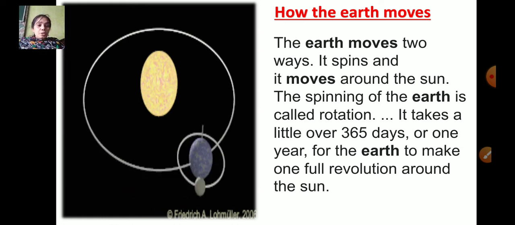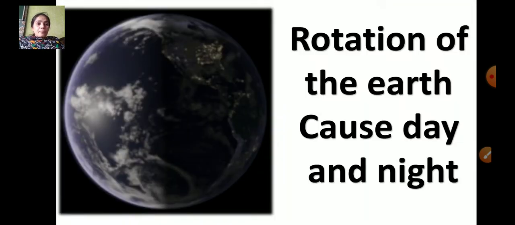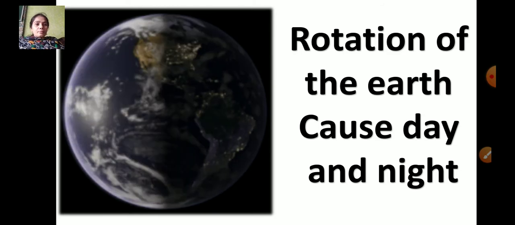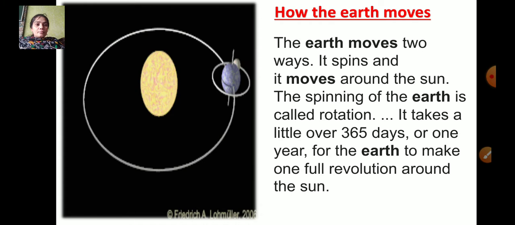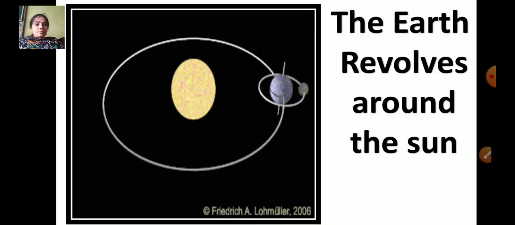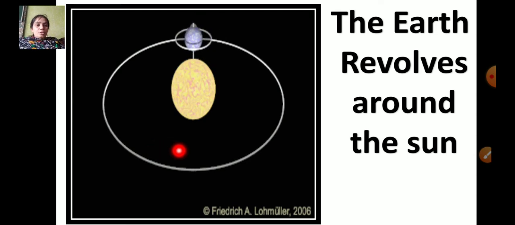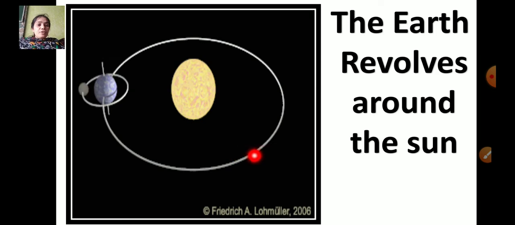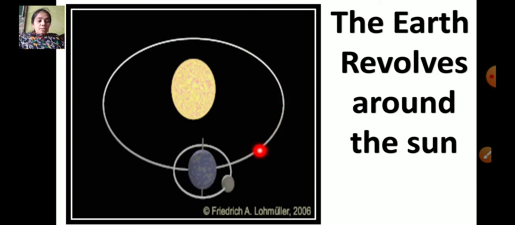So here you can see the picture. The earth is moving around the sun in a fixed path. This line is called the orbit.